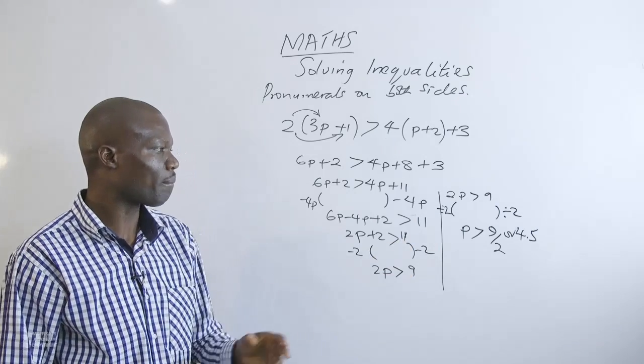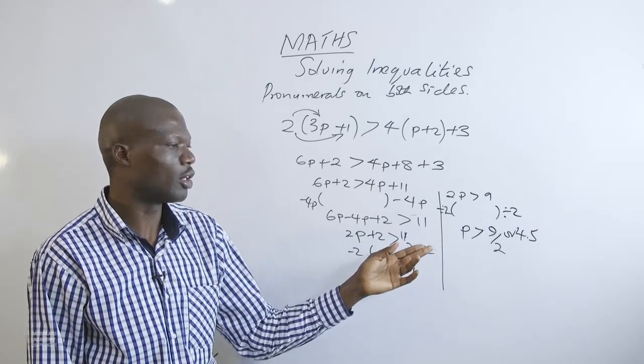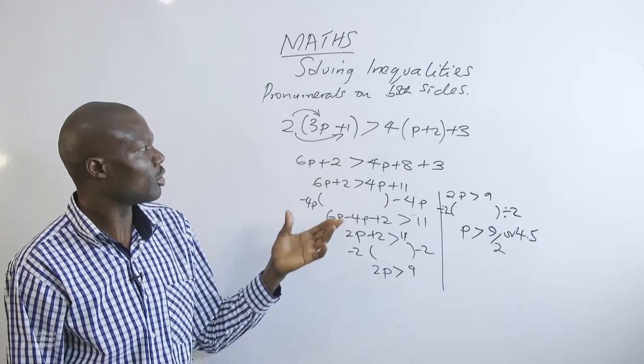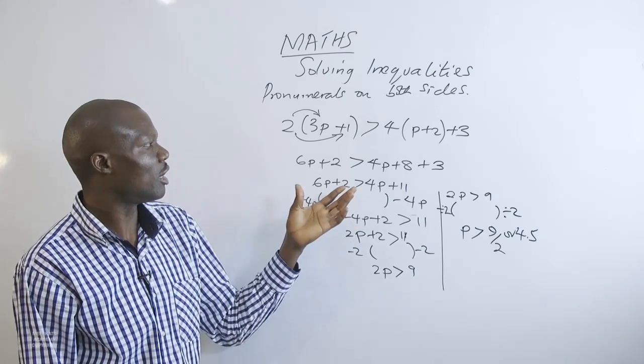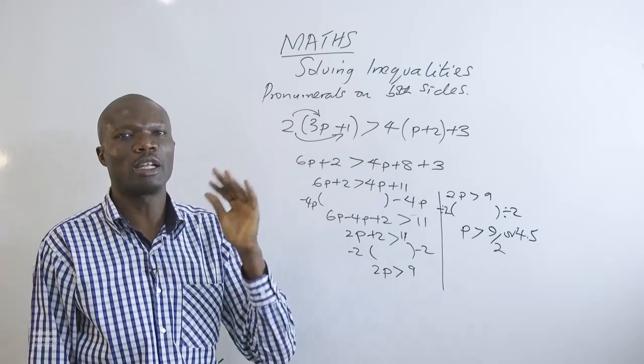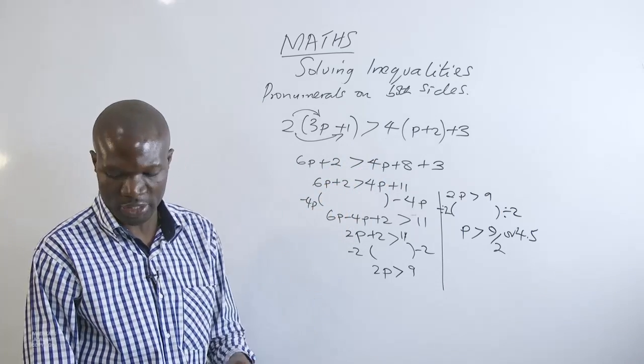For this case, it is p is greater than 9 over 2. So this is how we approach those inequalities which have brackets, and at the same time they have pronumerals on either side.